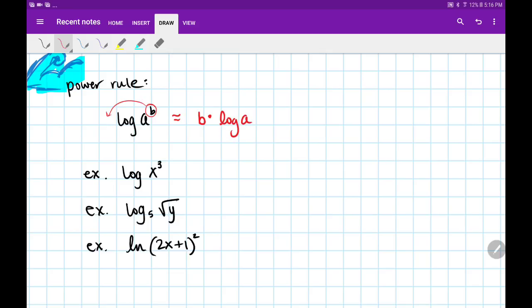So observe, for our first example, I'm going to take that power, move it to the front, so that's the same as 3 log x. Pretty cool. The next one's a little more challenging, and that's because I don't see an exponent here. But when you have a square root, remember that the square root of x is the same thing as x to the power of 1/2.